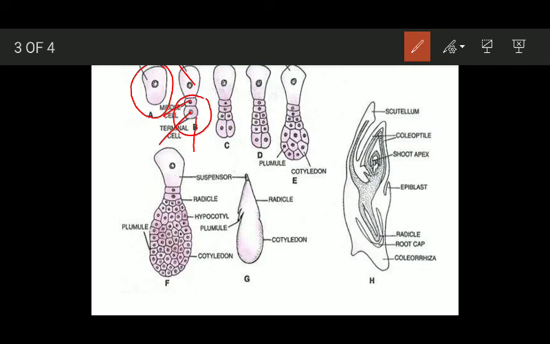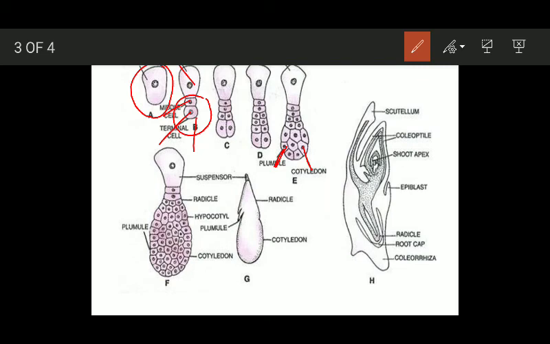The top cell or terminal cell divides repeatedly, resulting in the formation of a large number of cells, which ultimately get converted into the plumule and cotyledon. So the plumule and cotyledon in the case of monocots originate from the terminal cell.